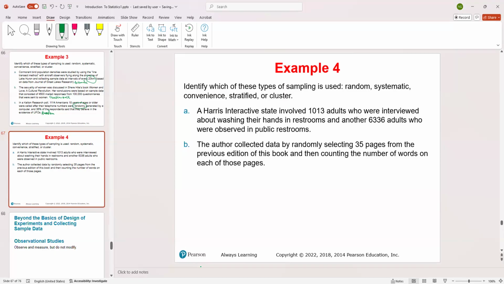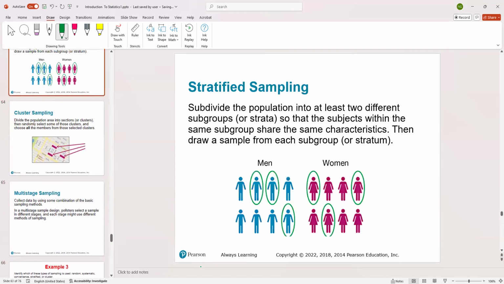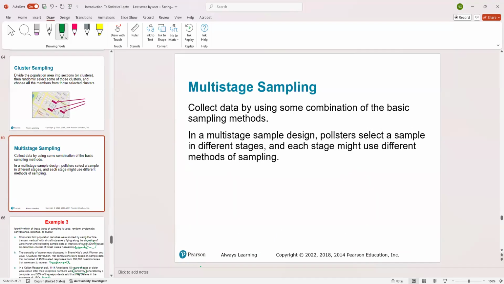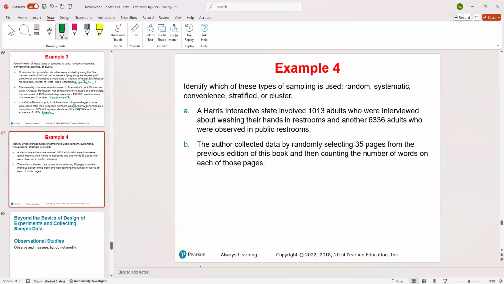At this point it would be stratified sampling, because it subdivides the population into at least two different subgroups so that subjects in the same subgroup share the same characteristic, and you draw a sample from each group. Here we have two groups, interviewed and observed, so it would be stratified.